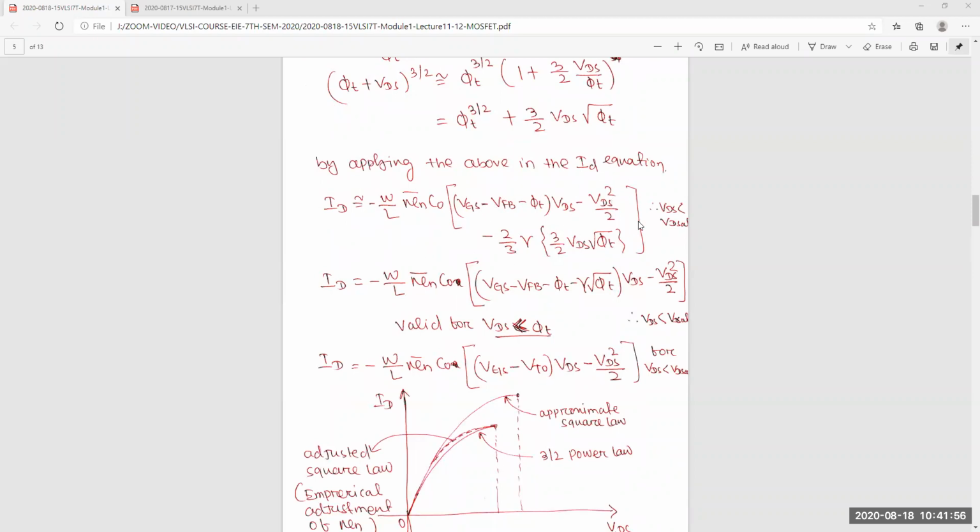This is valid for VDS less than VD sat. That means it's a linear region, where VDS is less than VD saturation, meaning charge is there, and charge is zero at that L point.